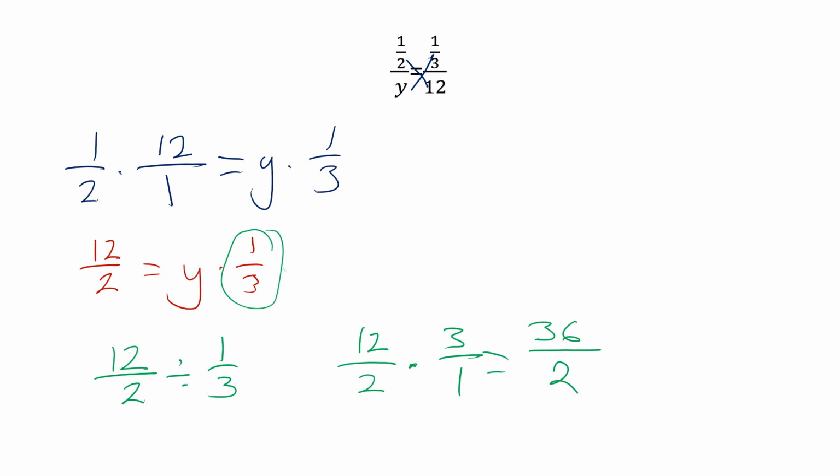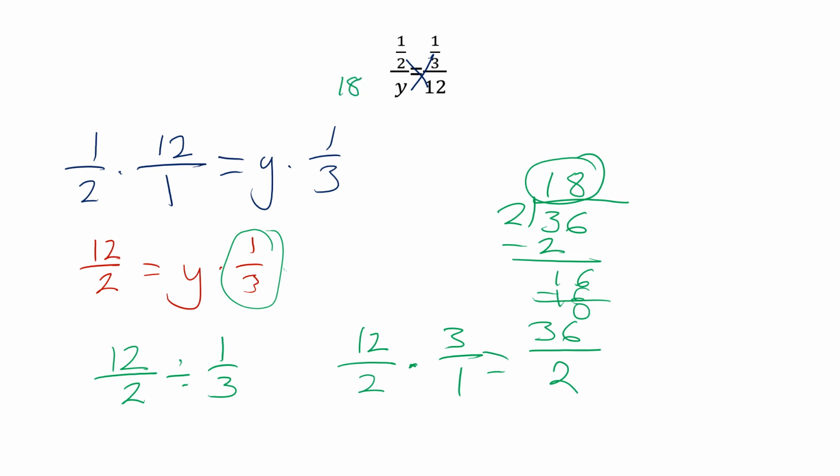Now, we can reduce this. We can make this down into a whole number, 36 over 2, by dividing 2 into 36. Again, your fractions are coming back to haunt you. 2 goes into 3 one time. Subtracting, get 1, bring down your 6. 2 goes into 16 8 times. So our final answer is 18. y equals 18.